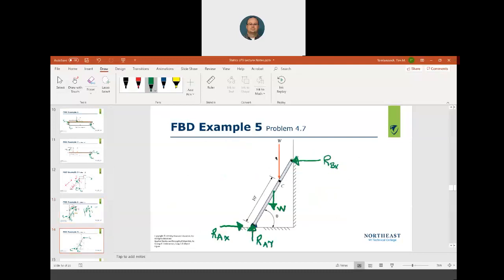So we have the weight of the person plus the weight of the ladder. These are negative forces because they're pointing down, plus the reaction at point A in Y has to equal 0 to make this thing static. Now the X, I have RAX minus RBX, because this is a negative force, because I'm looking at the sense here, will equal 0. And then I take the moments to finish up. So that's the free body diagram for that guy.